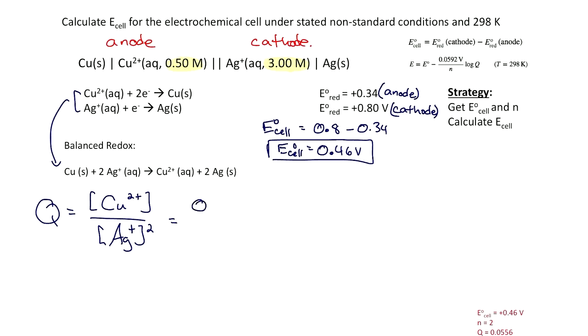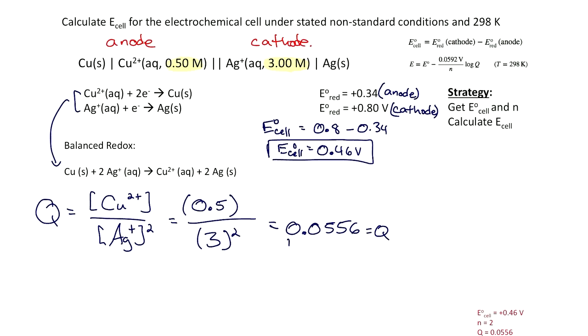I tell you that the copper concentration is 0.5 molarity, and silver is 3 molarity squared. So Q is equal to 0.0556. Perfect. So we're going to plug that Q into our Nernst equation.